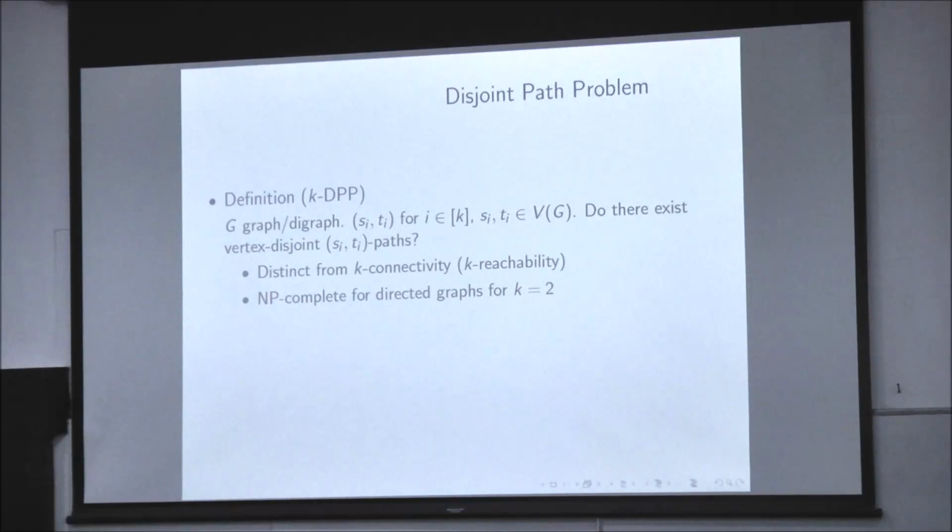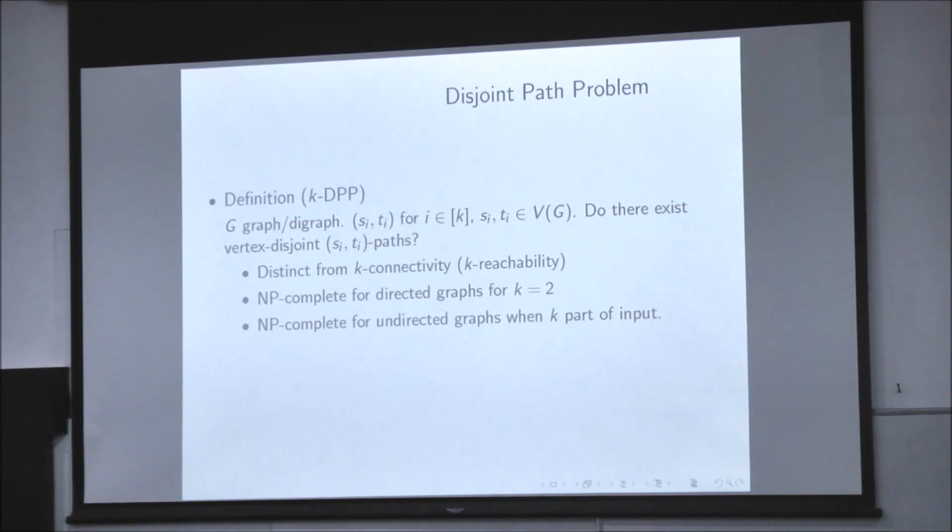On the other hand, for the disjoint path problem, when I say disjoint, by default I mean vertex disjoint. So the vertex disjoint path problem is NP complete for directed graphs even for k equal to 2. Even when the number of pairs is just 2, the problem is NP complete. This is for general directed graphs.